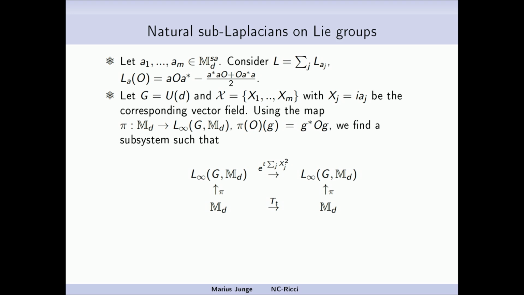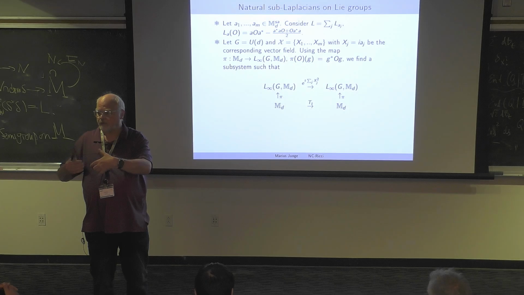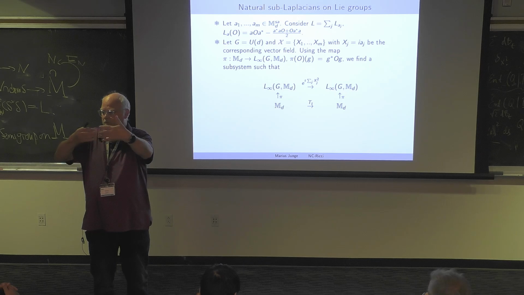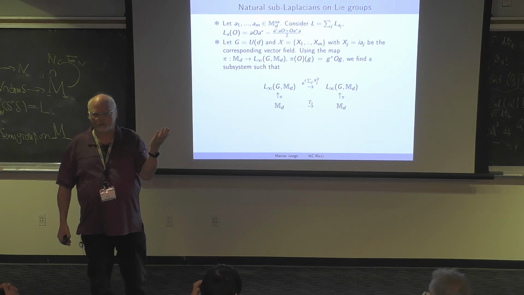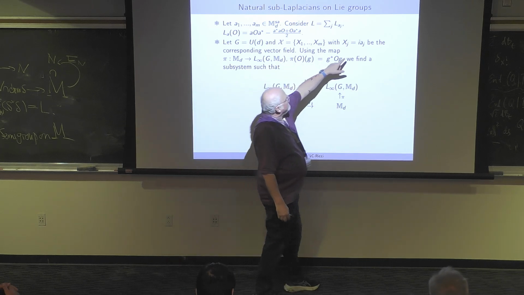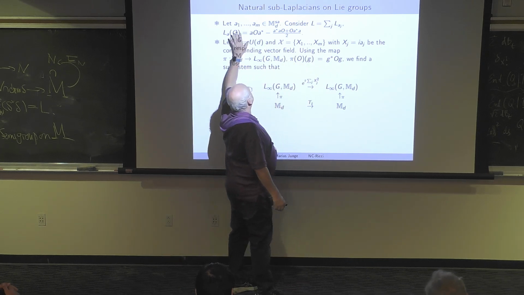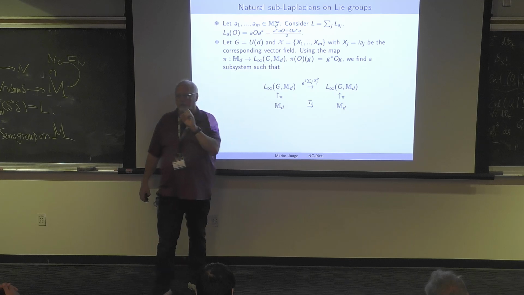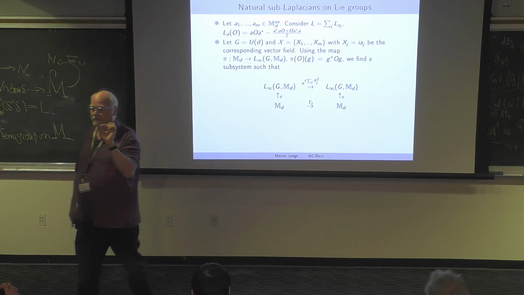They're elements in the Lie algebra because the Lie algebra are the matrices, right? So here's a connection between groups and matrices and Lie algebra and matrices. So I have a natural way to call these A_1 up to A_n vector fields on some group, namely the unitary group in the corresponding dimension of the Hilbert space.